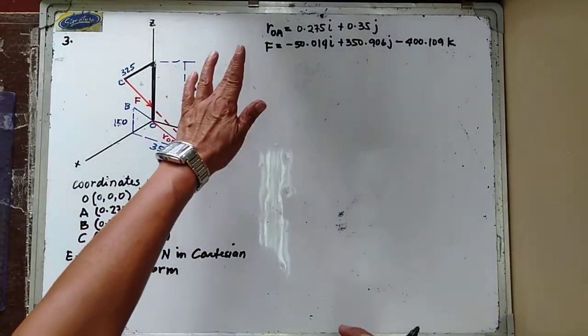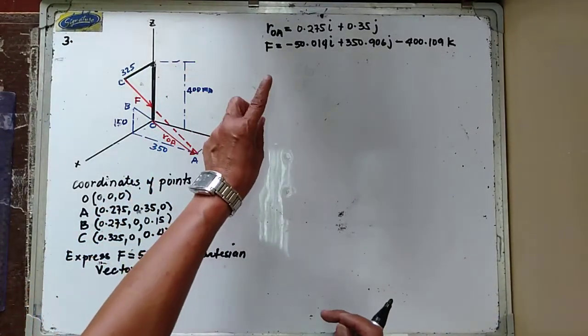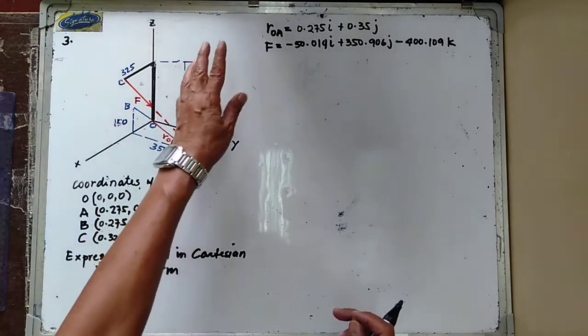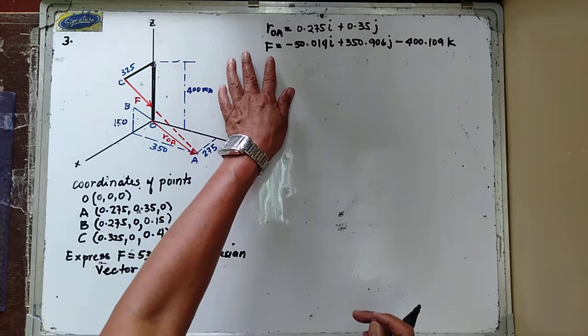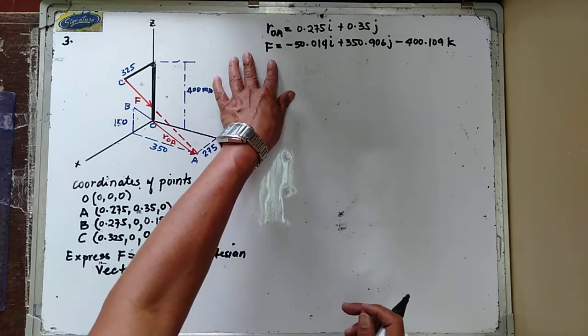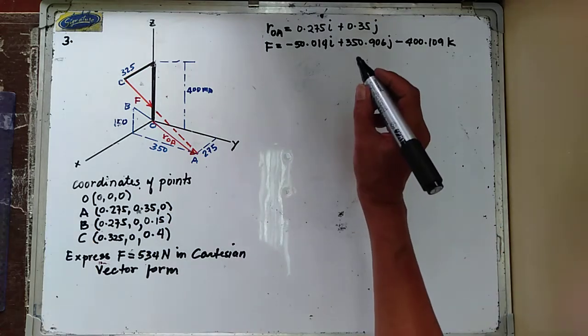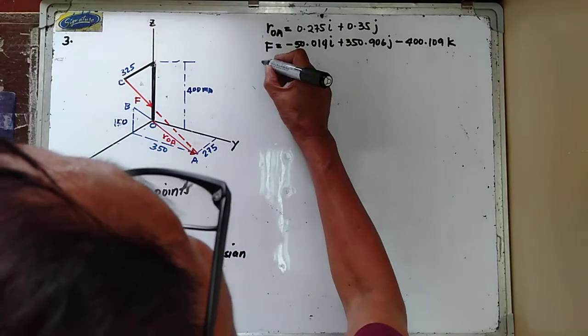Now, knowing the position vector from point O to point A, and the vector, we are ready to determine the moment about point O.